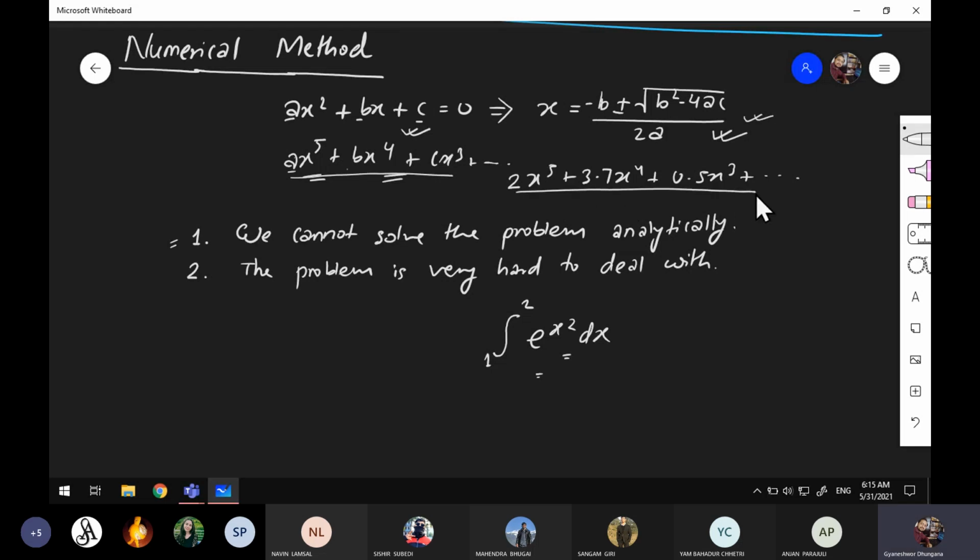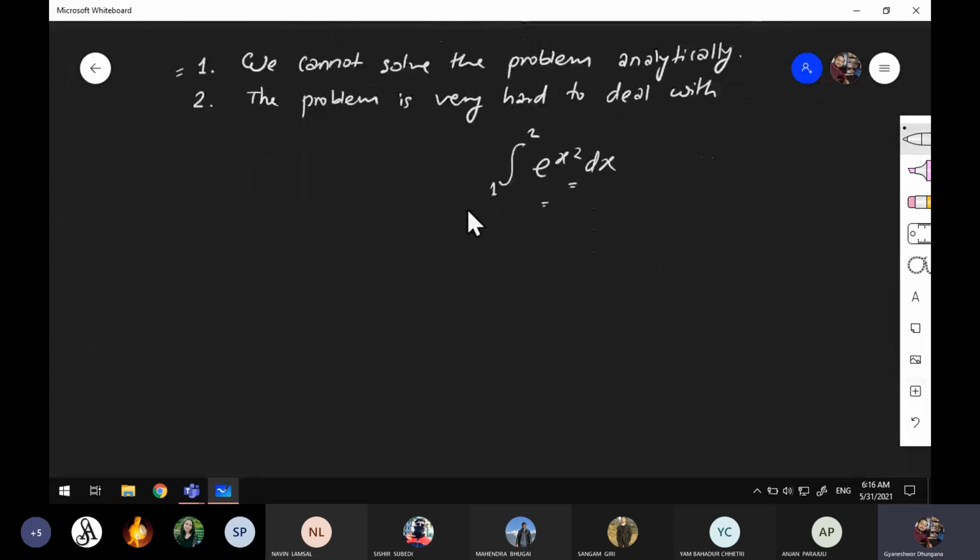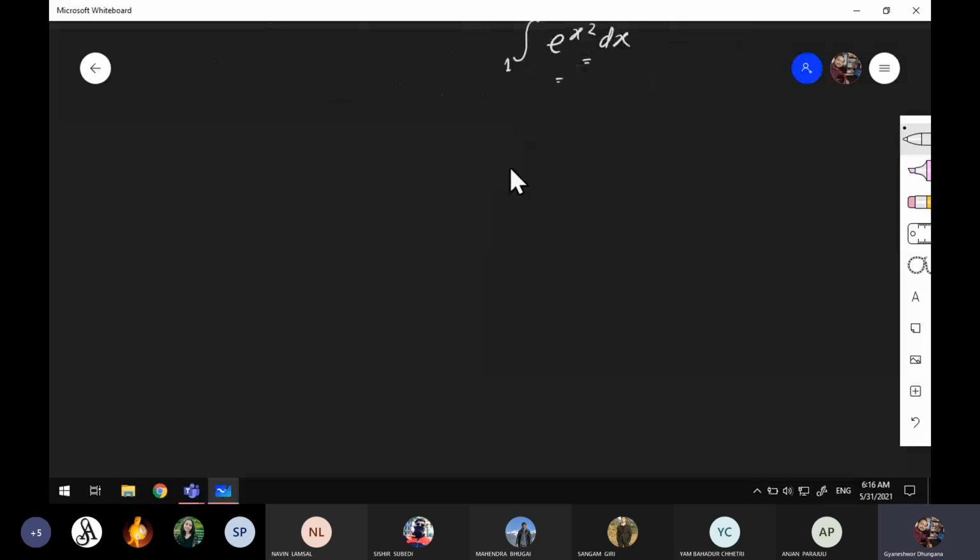The problem should be specific. Only then I can apply the numerical method. Okay, so what is a numerical method? So we can say numerical method is a mathematical tool. Okay, so numerical method is a mathematical tool.